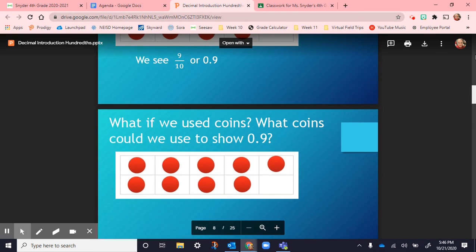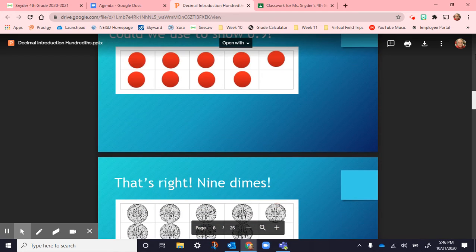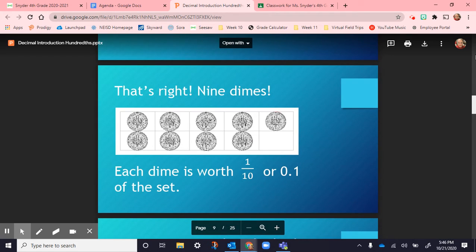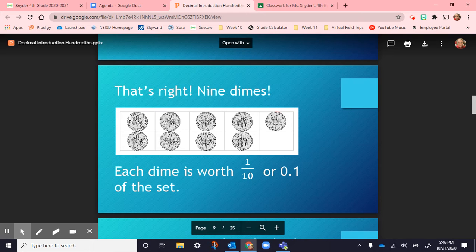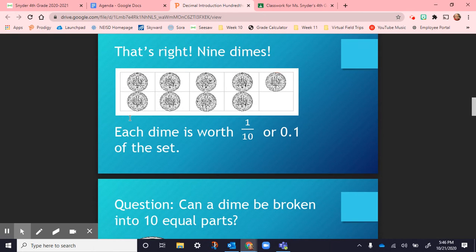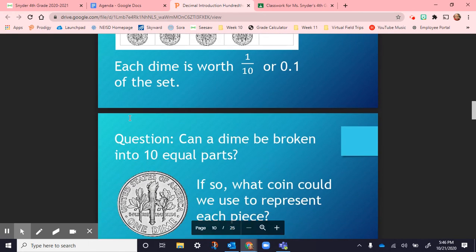Instead of these red dots, we can replace them with coins. We just learned that we can use dimes to replace them. Remember, if we had all 10 of these, that would be equal to 1 whole. So here, each dime is worth 1 tenth, or 0.1.